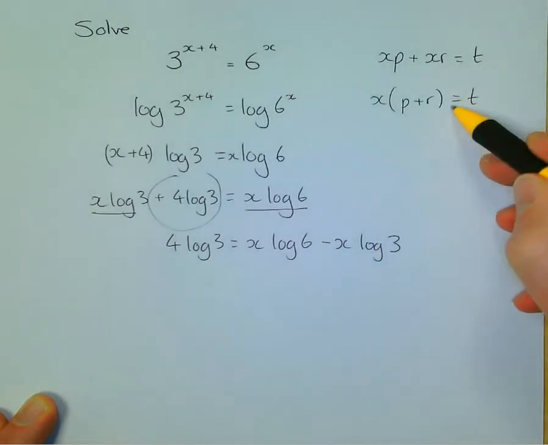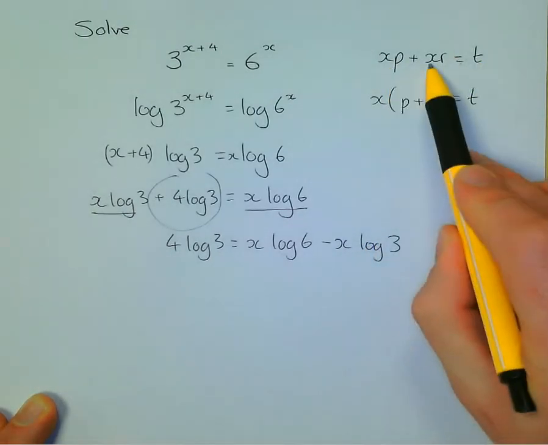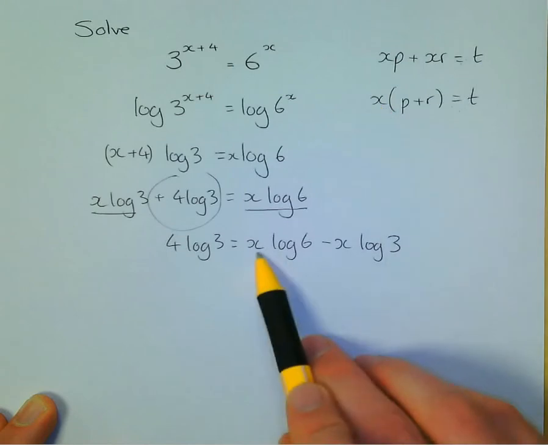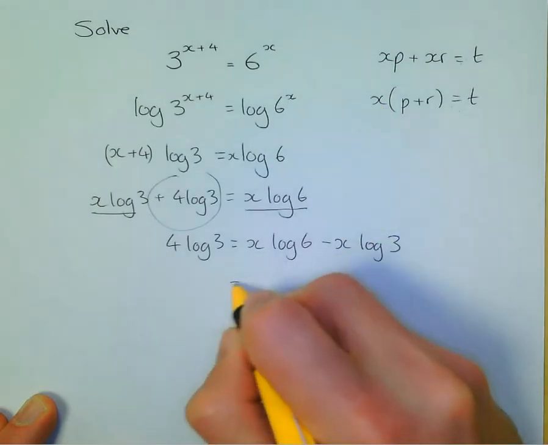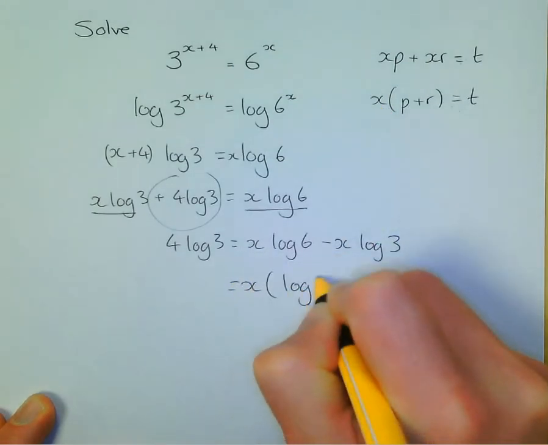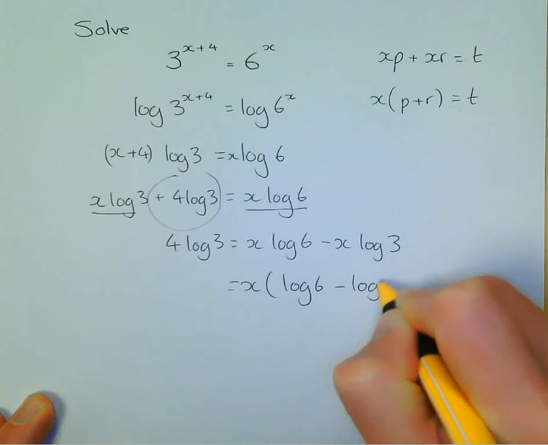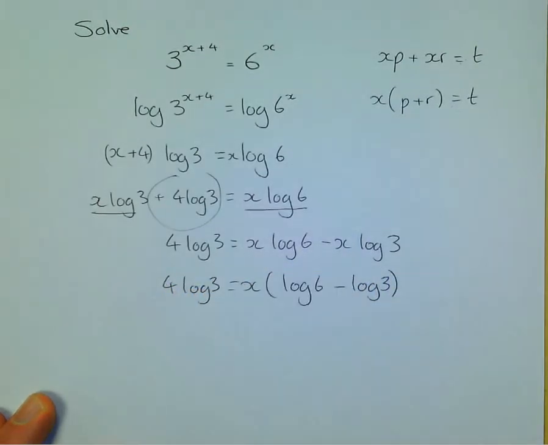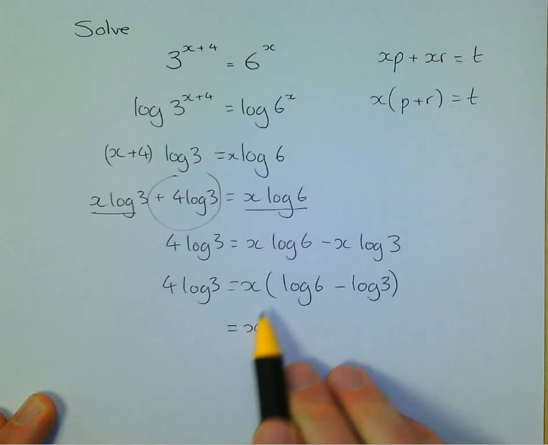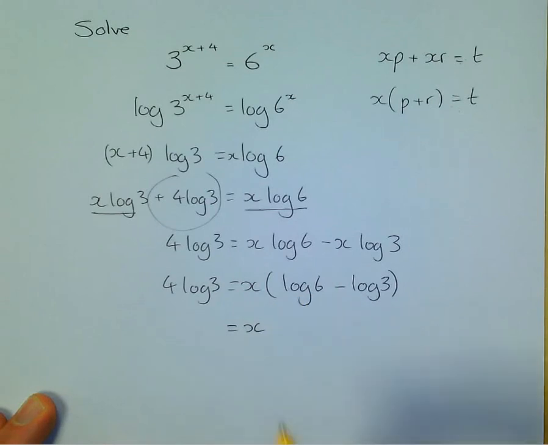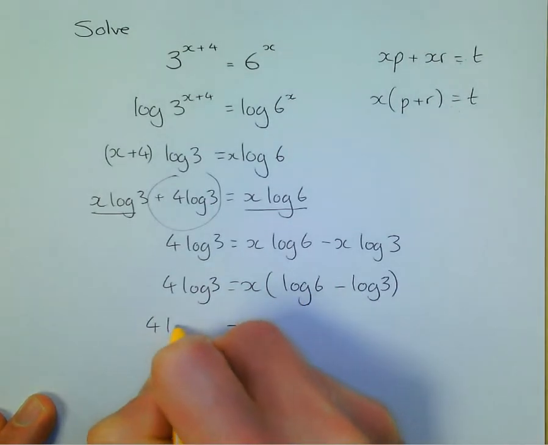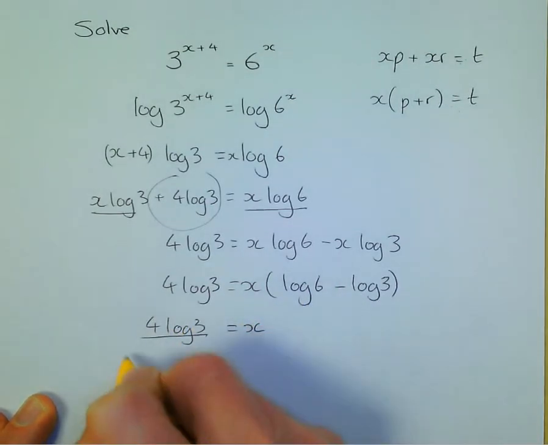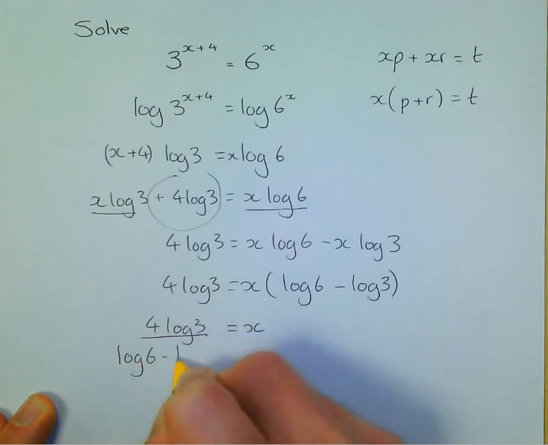Now, we've got 2 terms with an x in, so we'll factorise. Log 6, take away log 3, equals 4 log 3. And now to get x on its own, we can divide both sides by this bracket. So we have 4 log 3 all over log 6, take away log 3.